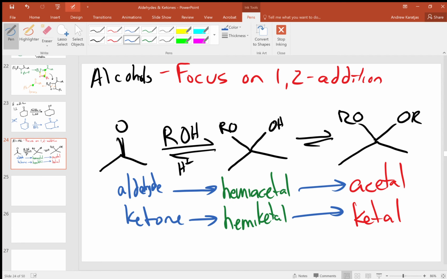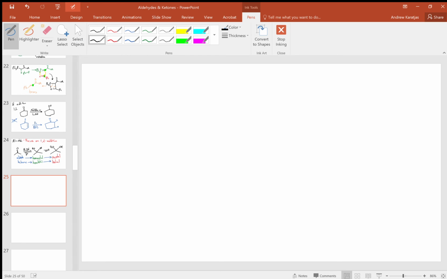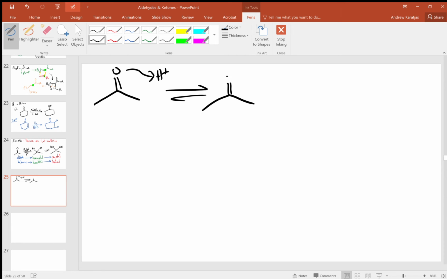So how does this reaction work? Well, it's going to have a lot of mechanistic similarity to many of the other reactions that we've already covered in this section. We know that under acidic conditions, the first step will often be, and this is no exception, protonation of the carbonyl.